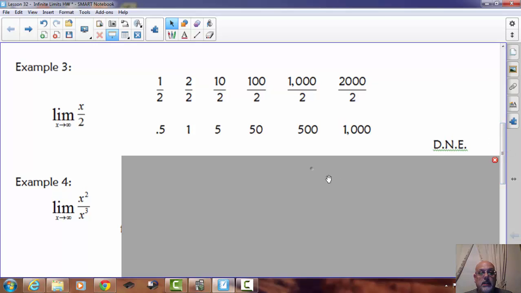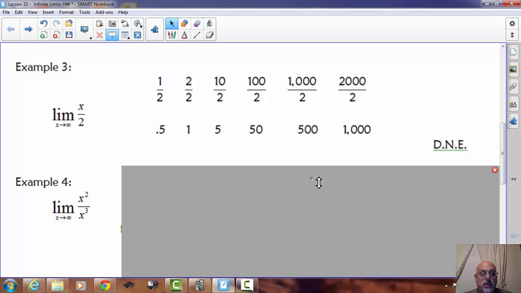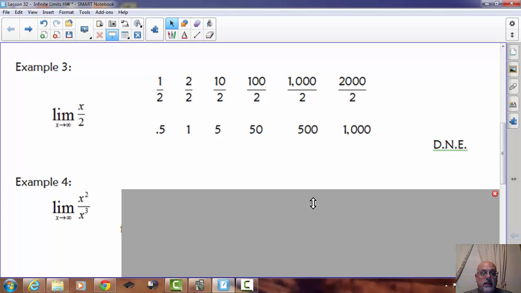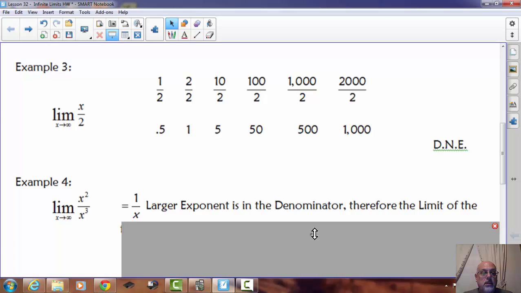Now let's look at something a little different. The limit as x approaches infinity of the function f of x equals x squared over x cubed. We reduce it, because x squared and x cubed reduce to 1 over x. The larger exponent is in the denominator.